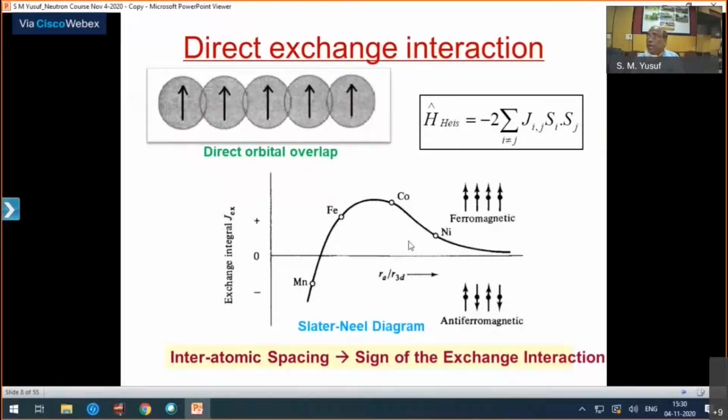That's why magnetism, superconductivity, ferroelectricity, all these properties are not an isolated atom or ionic picture. It is cooperative phenomena that you come across.